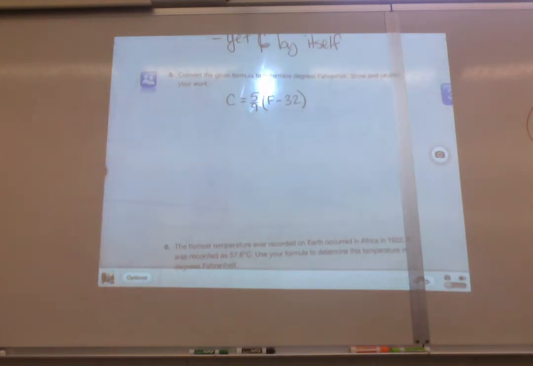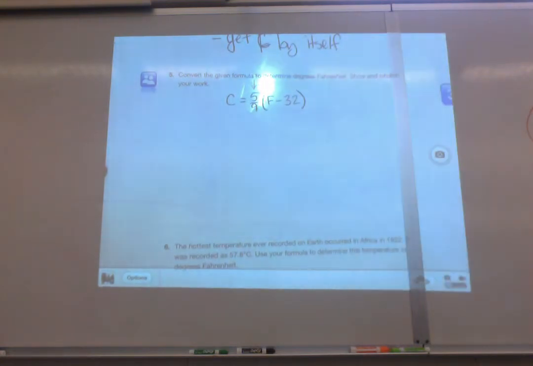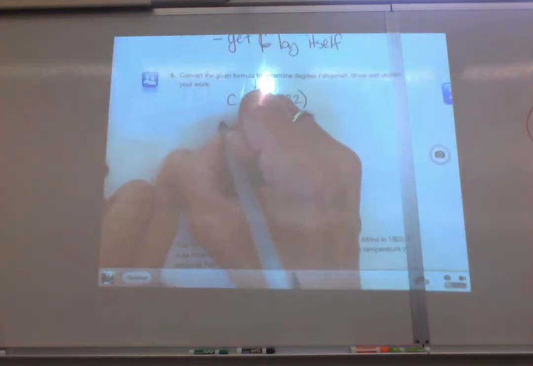What was the first thing we did down in question number 3? Take a look at question 3. What was the first? Reciprocal. This fraction in front we flipped and we multiplied both sides. The reciprocal of 5 over 9 is 9 over 5. Last time I had a C value.